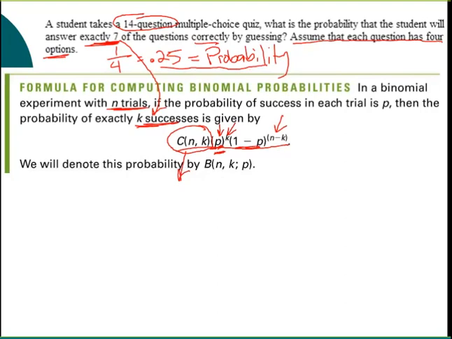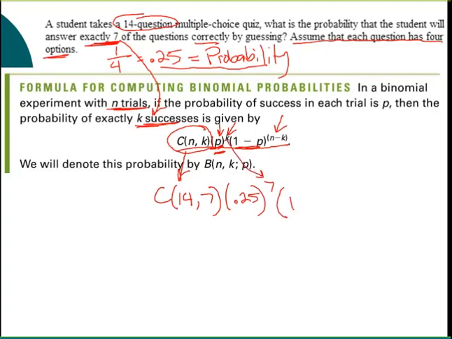So the way that this works out is that we're doing the combination of 14, and we need to get 7 of them right. And the probability of each individual trial is 1/4 or 0.25, to the k power. We decided that k is 7 times, so that's this part right here.